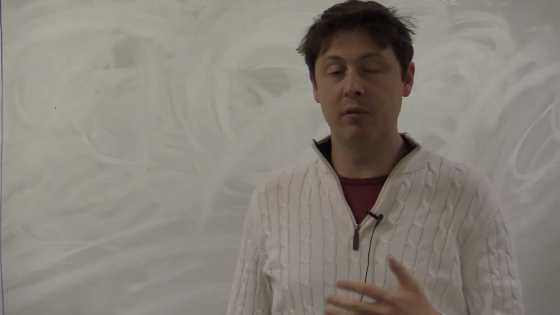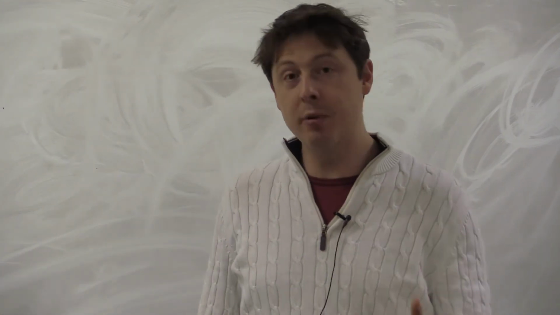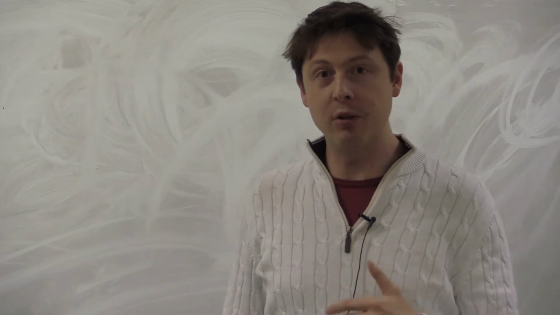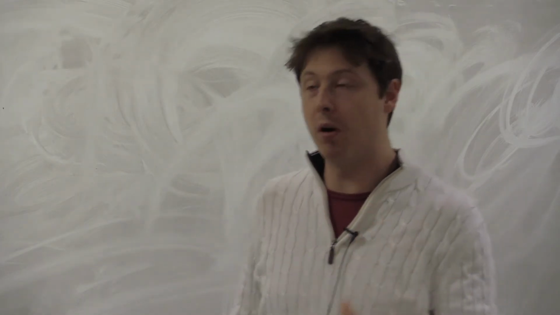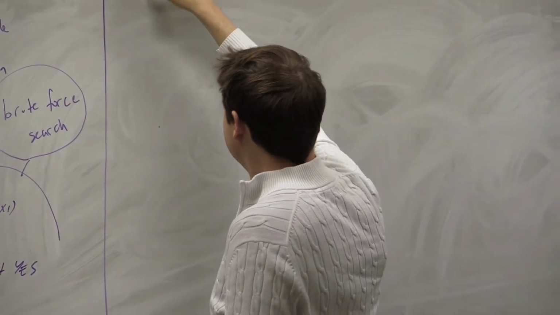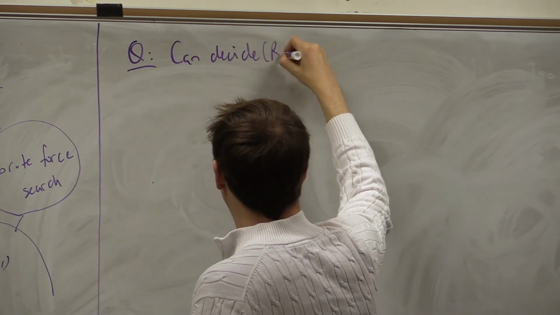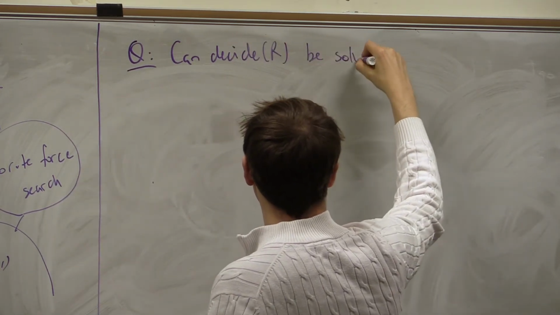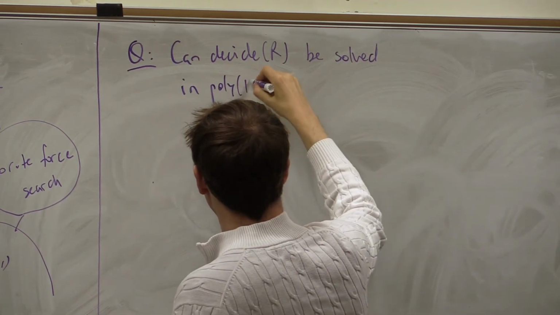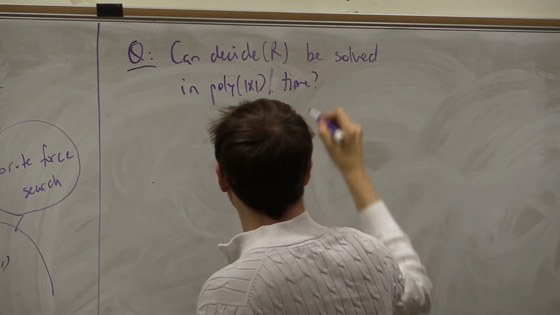I always have the option of enumerating all possibilities. This is to say that enumerating all possibilities is a possibility. And we typically try to avoid that, and we want to come up with a poly X algorithm, okay? So we want to understand the question of, can the decision problem for R be solved efficiently, which means in poly X time, okay?